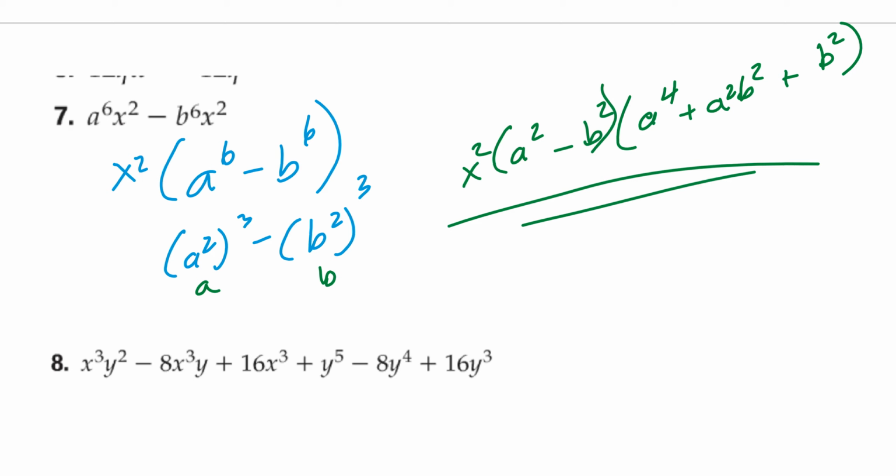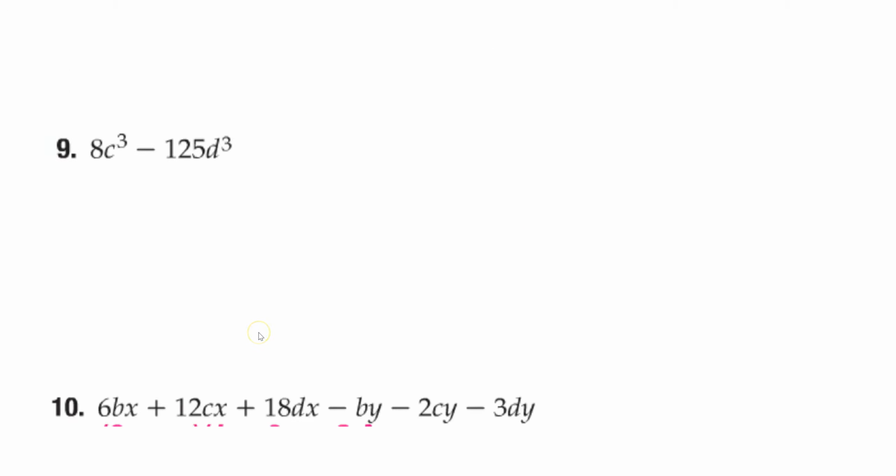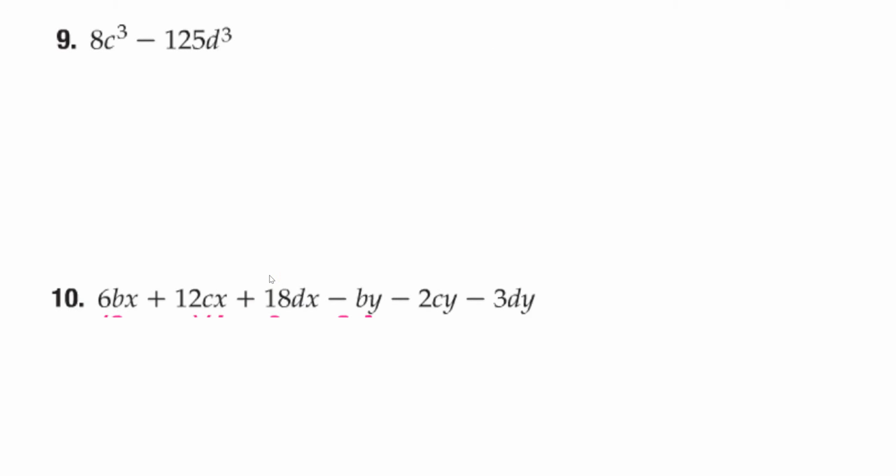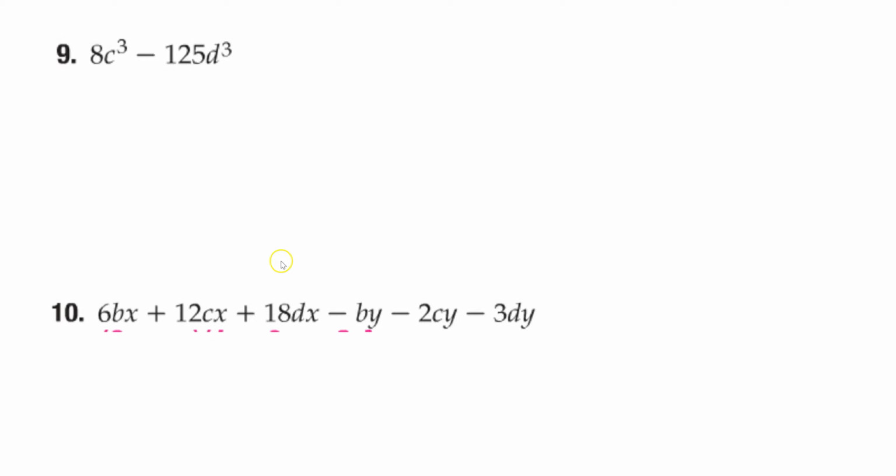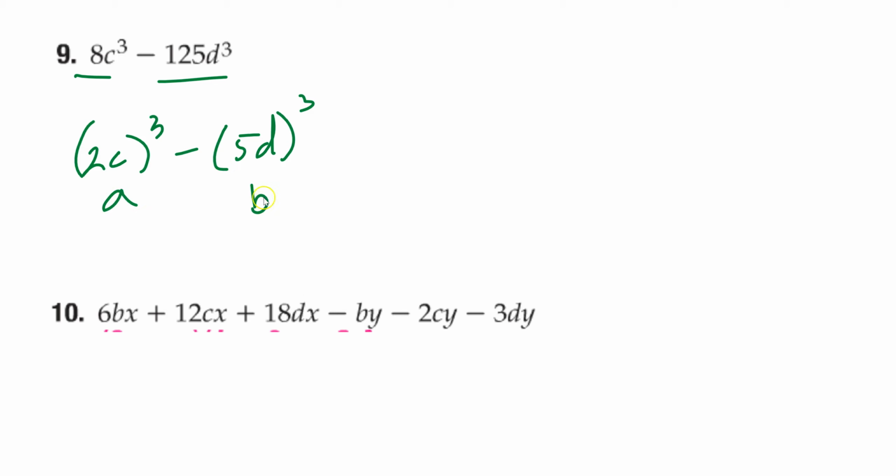That's another one, we'll skip all the factor by grouping, those are easier ones. Let's do one more of these. So this one, they have nothing in common, but these are cubes. It's the same thing as saying 2c cubed, and that's 5d cubed, right? So it's all about figuring out if they are cubes, and then you can write it like this, and this is your a, this is your b, and the formula is this, right?